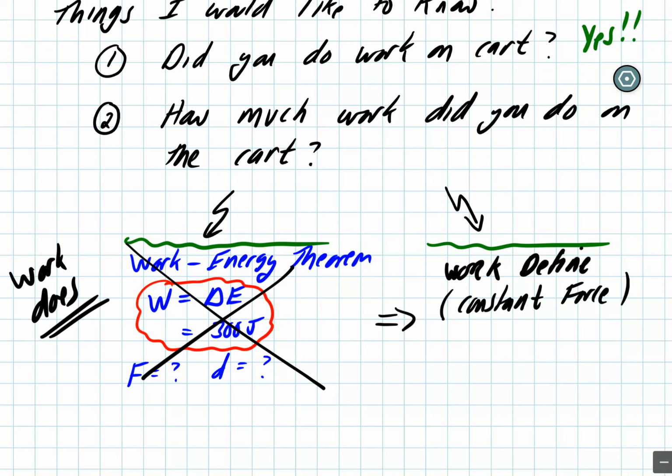So if you have a constant force, how do we define the amount of work you do, independent of the energy transfer? The work you do is going to be equal to the size of your force vector dot the distance vector. What does that mean? Well, that's our topic for today.